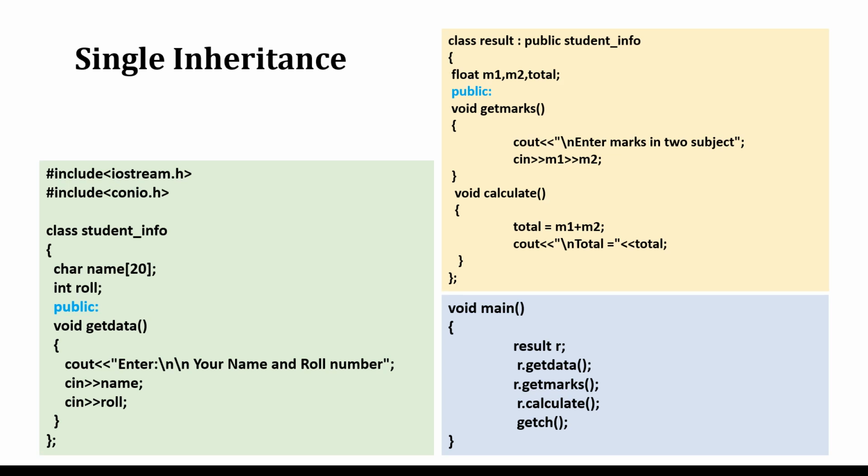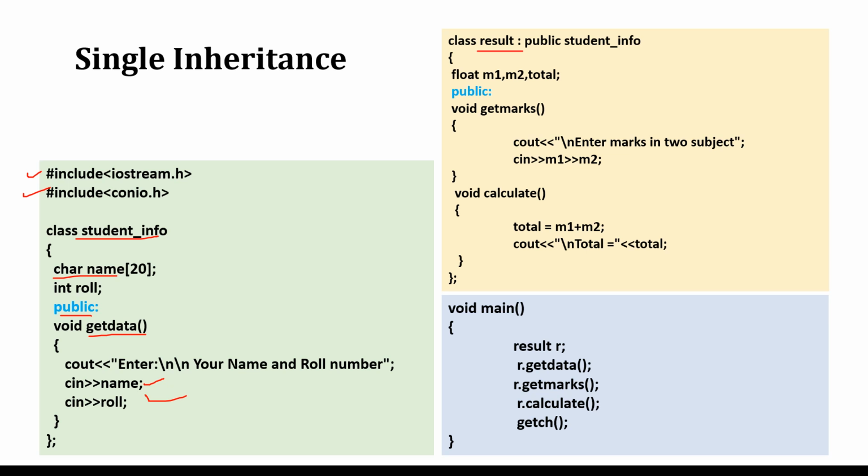The same example has been explained with the help of code. You can see the necessary header files are included. Class student_info is defined: character name[20], integer roll number. In the public section you have a function called get_data just to get the name and roll number.